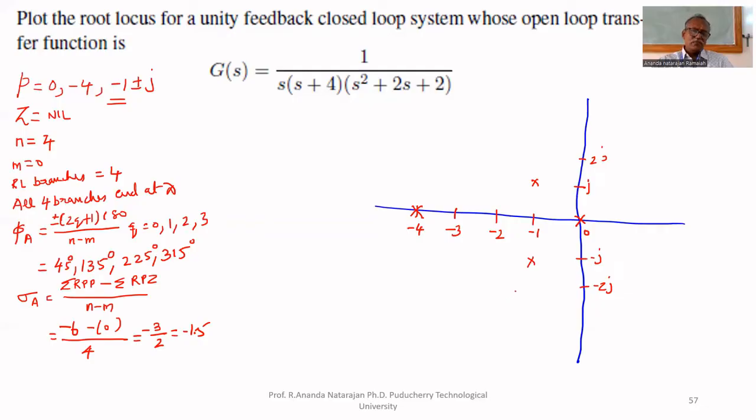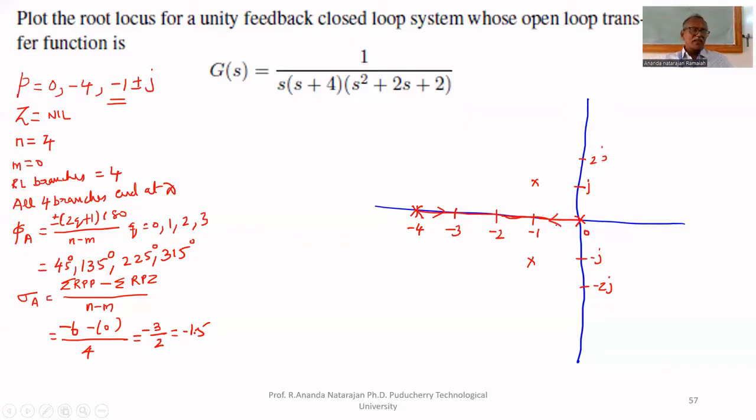These are the poles. This is part of root locus, because any point between 0 and minus 4 has an odd number of poles to its right.